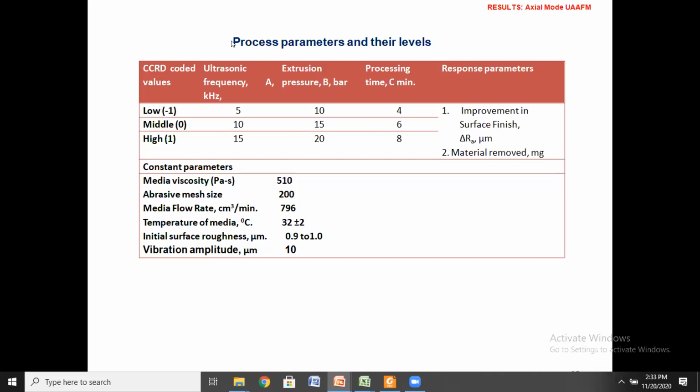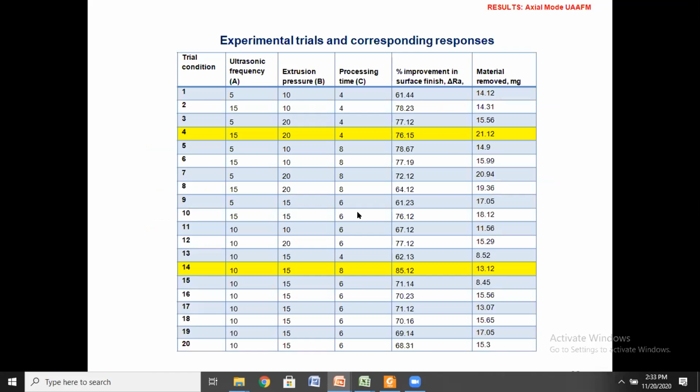Why? Because I know that at 15 kilohertz itself, the ultrasonic frequency, the finishing rate is high, and after 15 there is a slight decrease or deterioration in the surface finish. So I modified accordingly, and I conducted the experiments again.